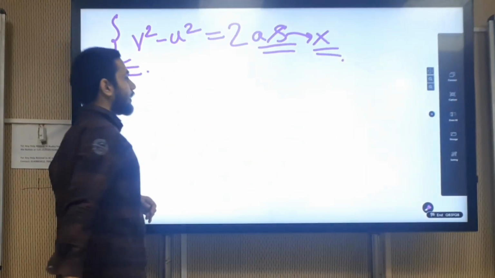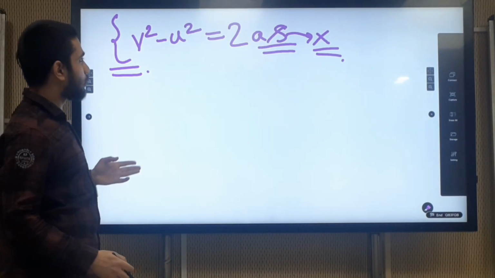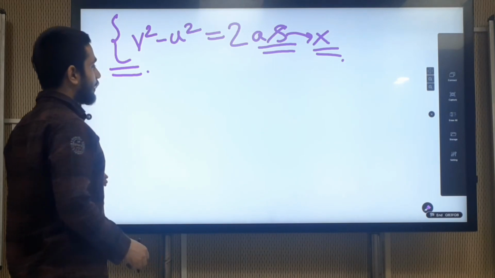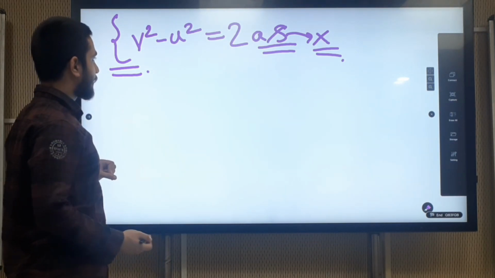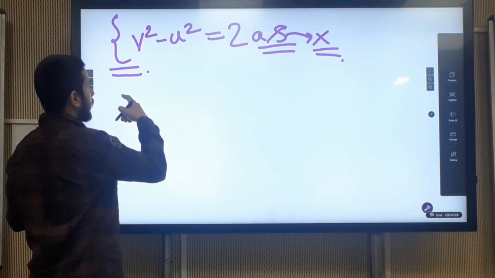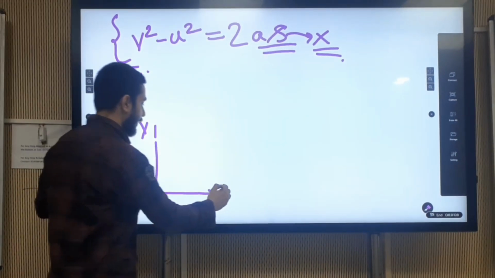How will the graph for this be plotted? S is nothing else but the distance, but in questions in place of x you will sometimes see s written. S is also the displacement, or x. So how will the graph of v versus x be plotted for v square minus u square equals 2as?